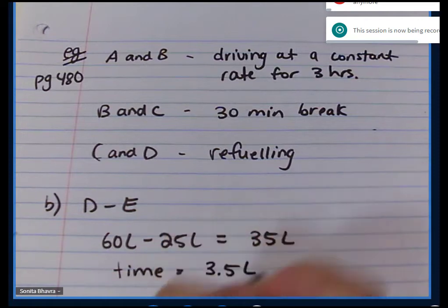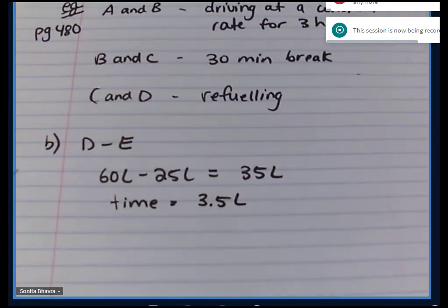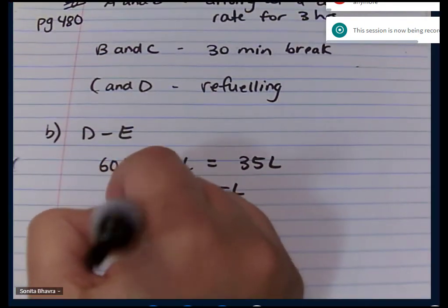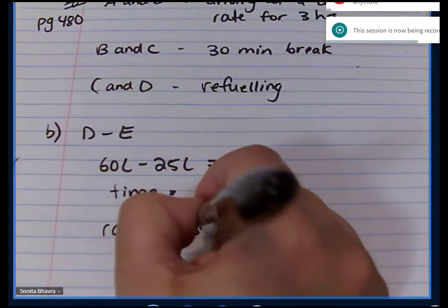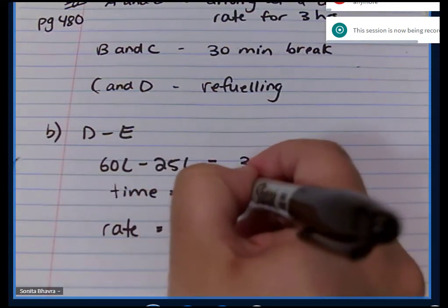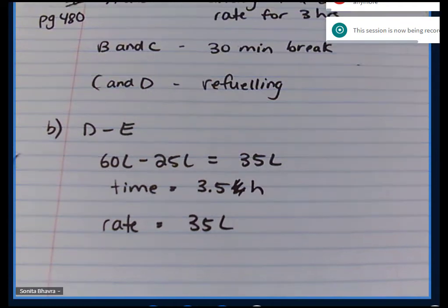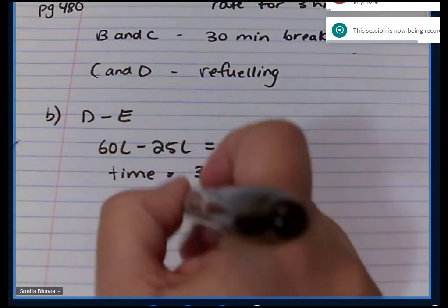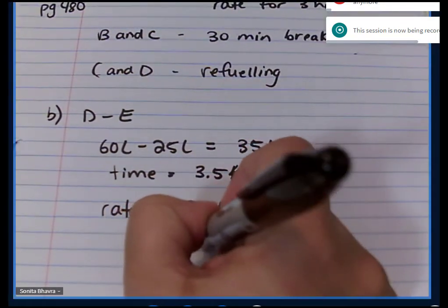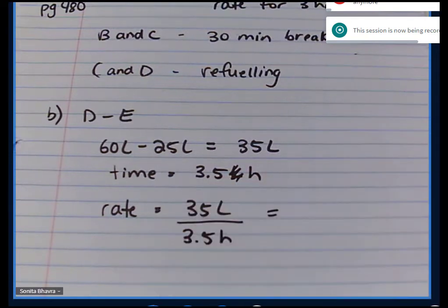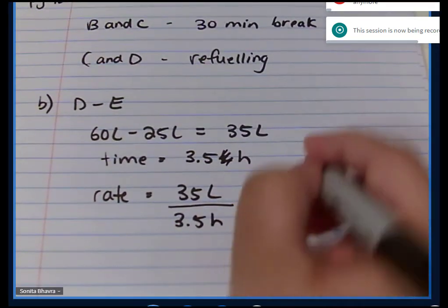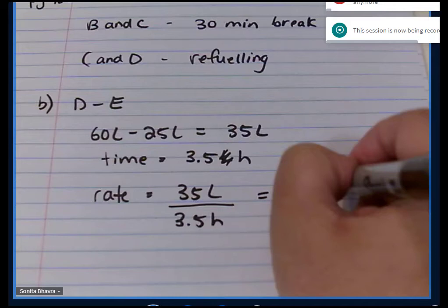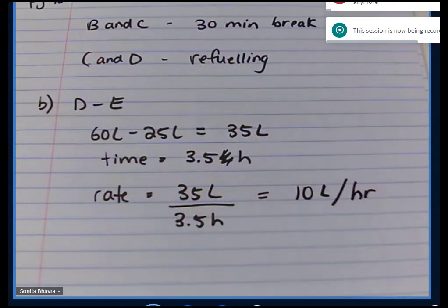Time is 3.5 hours. So now we can figure out our rate. So our rate would be 35 liters divided by 3.5 hours. And then just divide that. That gives us our rate of 10 liters per hour.